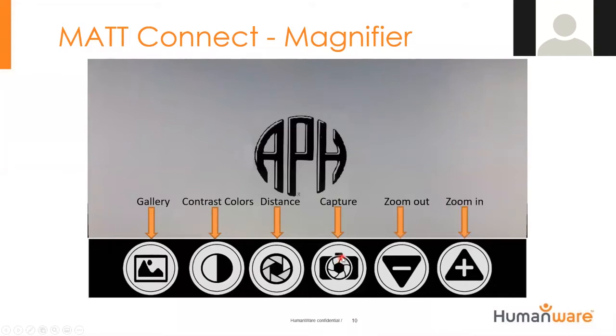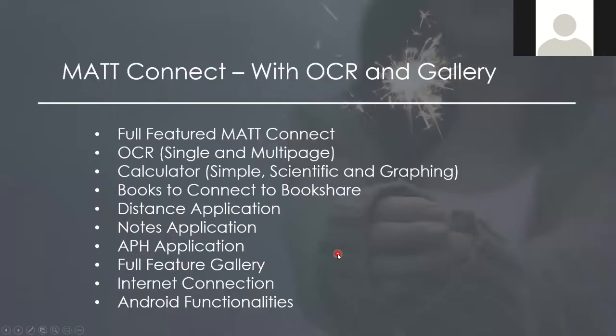Then once your students get a bit older and they want to have access to the internet, emails, maybe share some information with colleagues, then you can switch to the full featured Mat Connect. This is what most everybody knows about this interface.